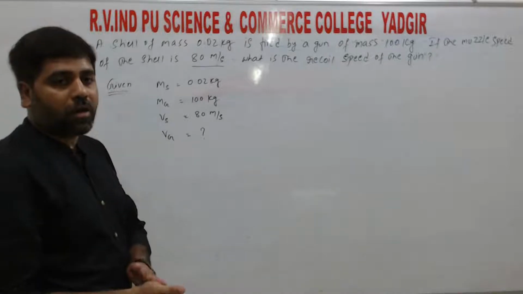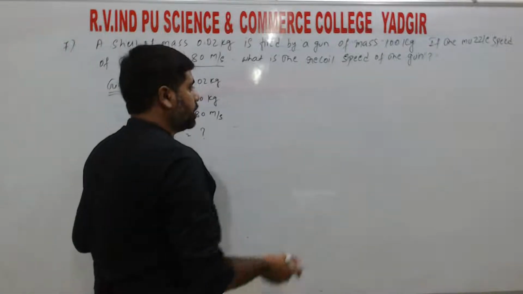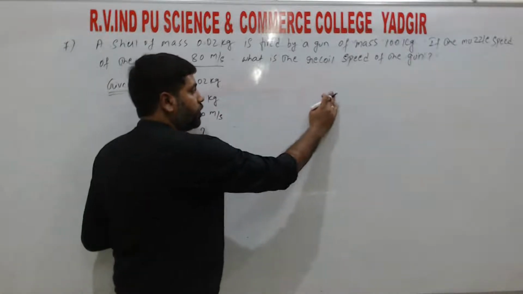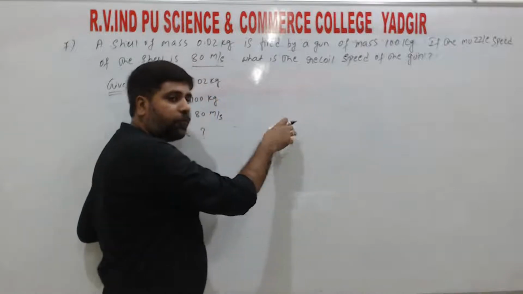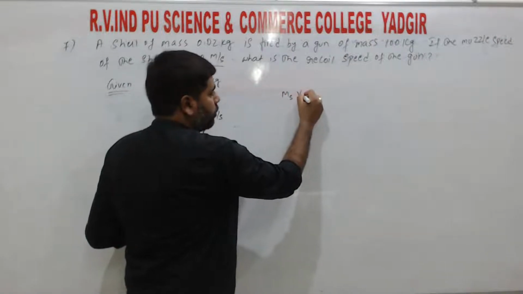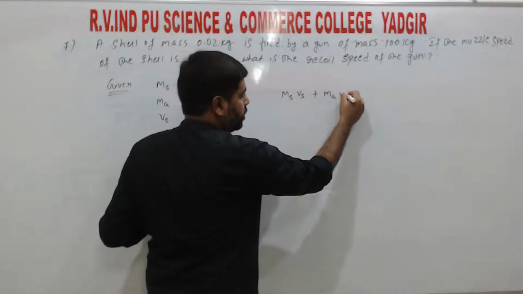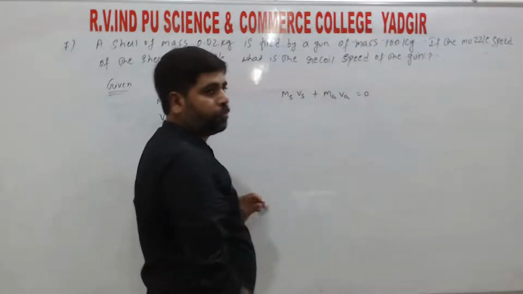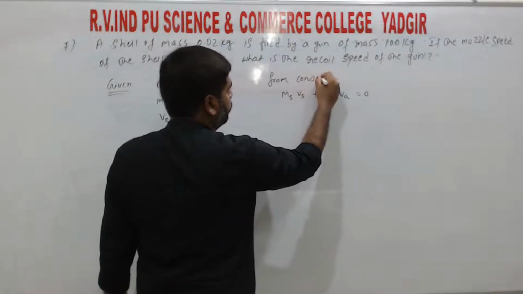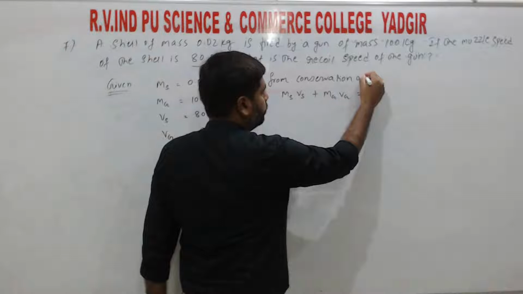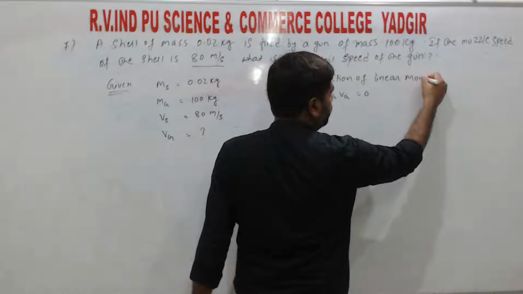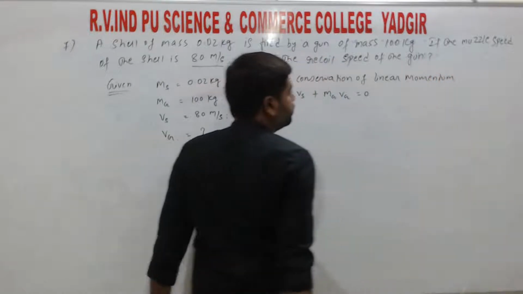So again, from the law of conservation of linear momentum, before firing is equals to the after firing. So after firing, the conservation of linear momentum is equals to 0, because before firing is also equals to 0. So hence we can write ms vs plus mg vg, that is equals to 0, right?